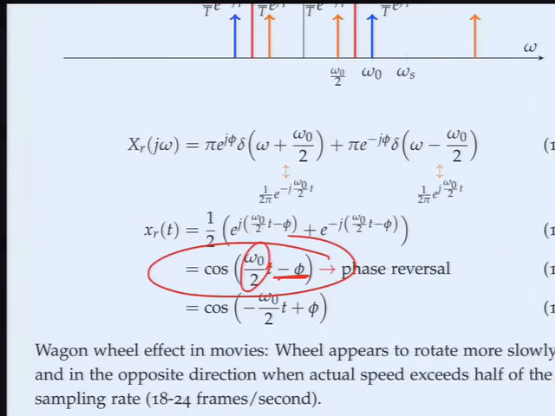But it's a certain number of frames per second, right? And if the rotation of the tires is faster than that, then you're going to get aliasing, right? And upon the reconstruction, which your eyes do in that case, or your receiver does, you're going to see a reconstructed version which is going to be moving slower and also in the opposite direction because of this phase reversal. All right, so this example explains that.